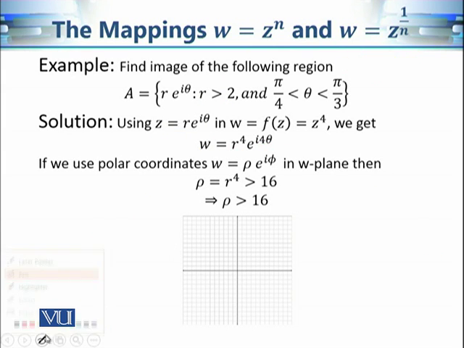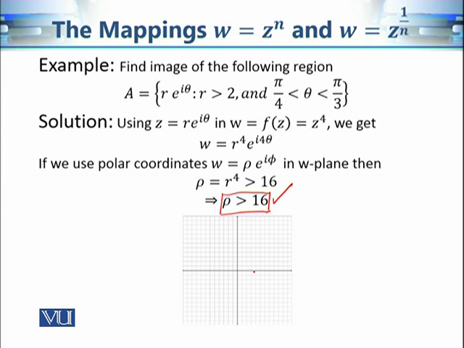Now if we want to calculate its image, we should know the value of rho. If r is greater than 2, then r raised to power 4 should be greater than 16. So in other words, we have one condition on the complex number in the w plane which describes the image of this set A under this map z raised to power 4. This is the first condition, on the modulus.